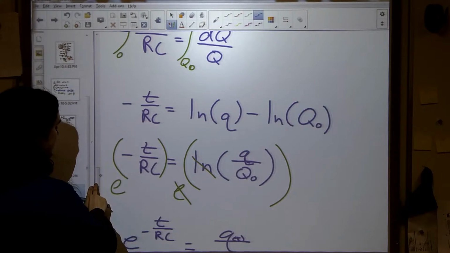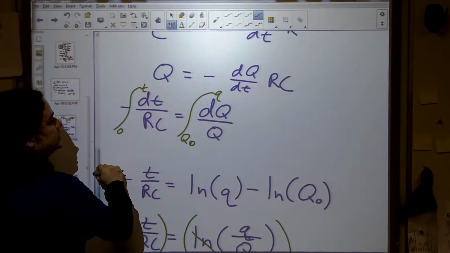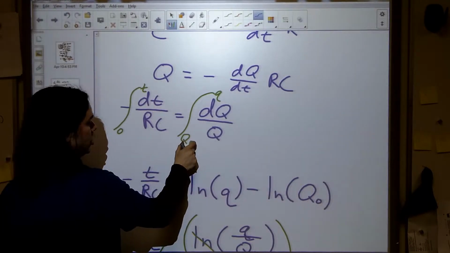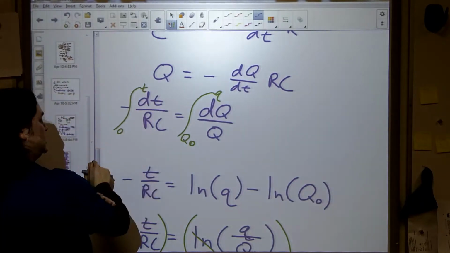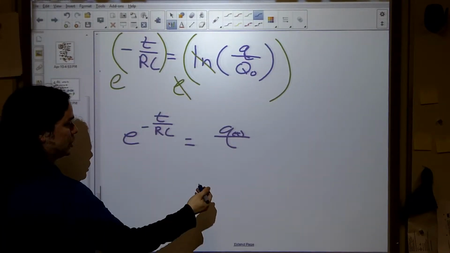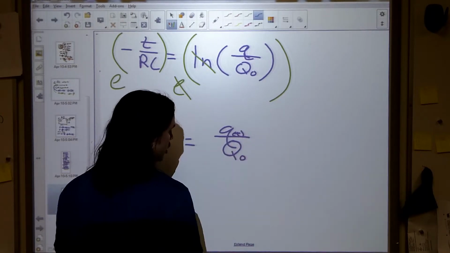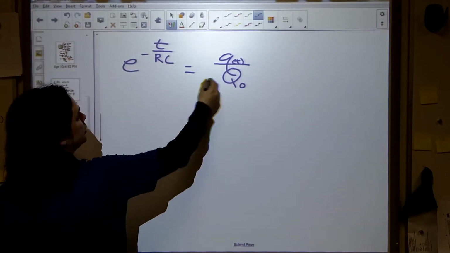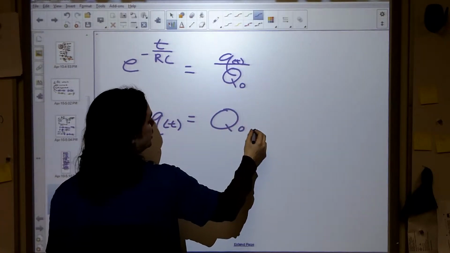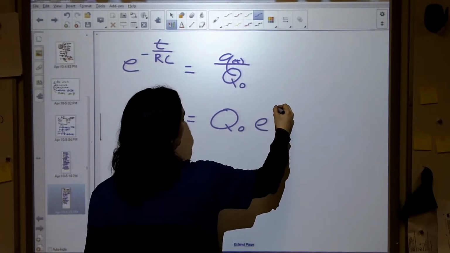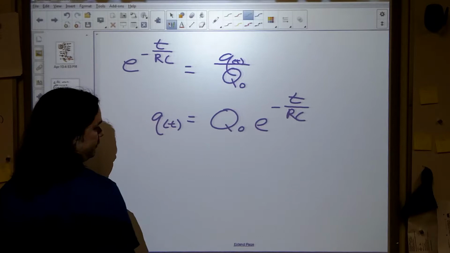Remember, we integrated this not for the entire time, but from 0 to some point t. We're going to go from our total charge at the beginning at t equals 0 to some charge Q at time t. That was the initial. Finishing this up, I find that Q as a function of t is equal to Q naught, the initial, times e raised to the negative t over RC. I want to show you the difference.